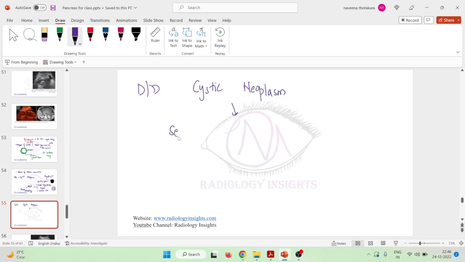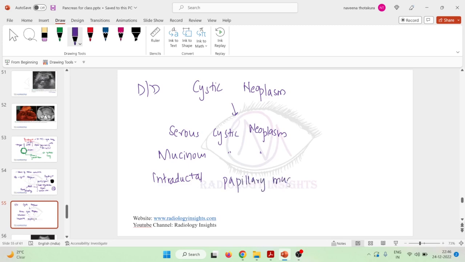Cystic neoplasms can be serous cystadenomas of the pancreas, mucinous cystadenomas of the pancreas, or intraductal papillary mucinous neoplasm. All these might mimic pseudocyst of pancreas, so these should always be kept in mind.